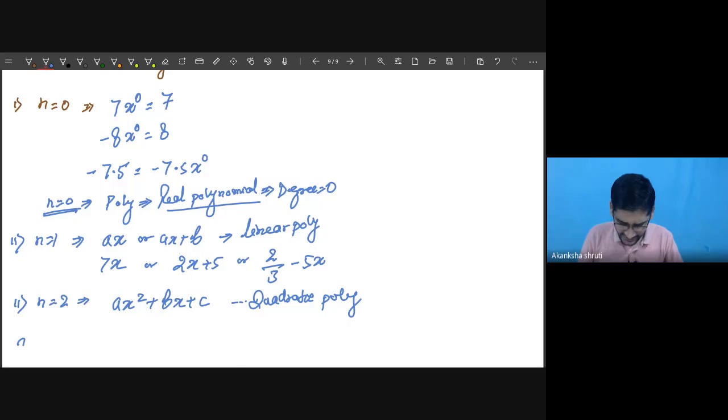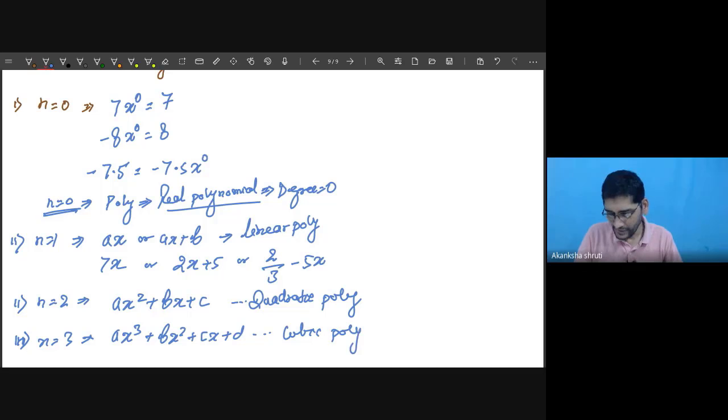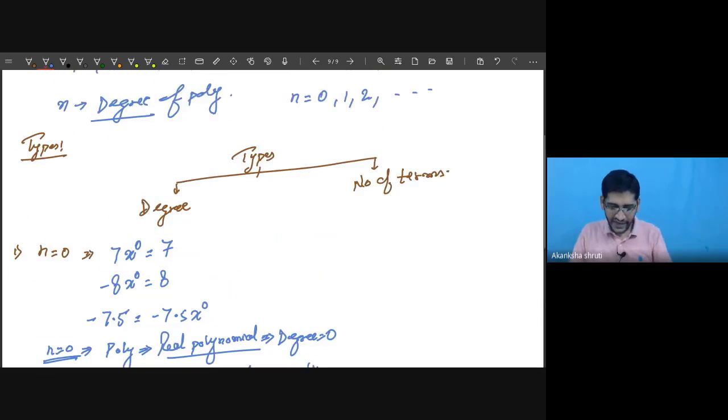Similarly, if n is 3, only up to 3 you have to learn, then the expression like ax cube plus bx square plus cx plus d is called a cubic polynomial. Yes. So based on this degree we can identify. Another is based on terms.